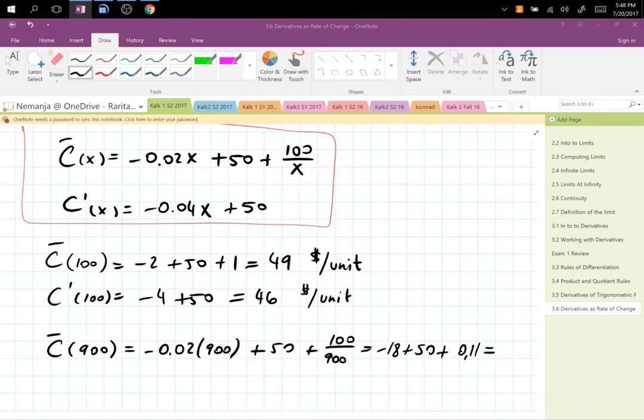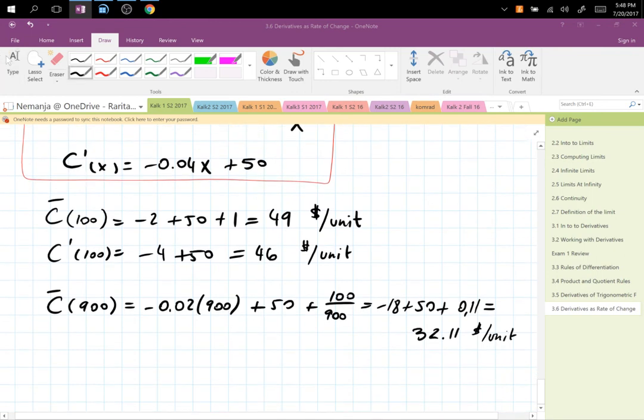So yeah. And then I have 30 dollars per unit, and the derivative at 900, right, would be negative 0.04 times 900, so that's negative 36 plus 50 is equal to $14 per unit.